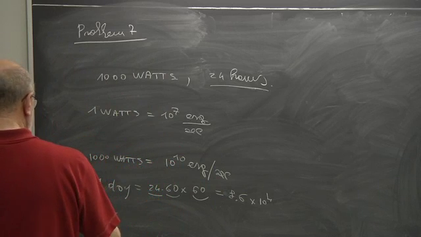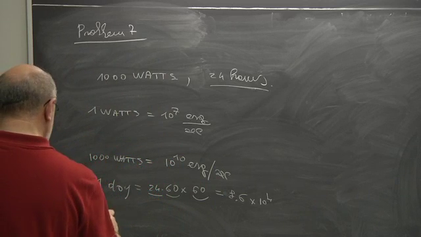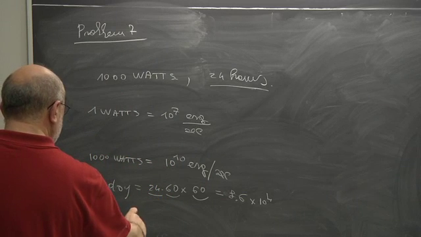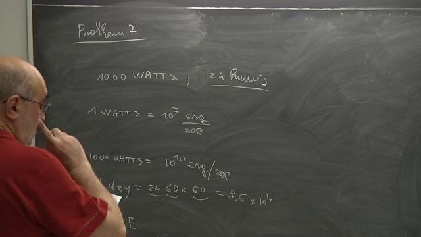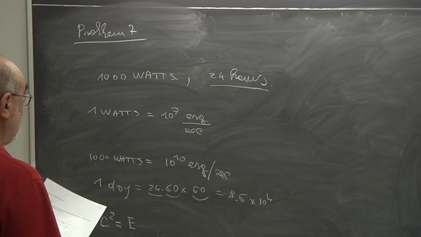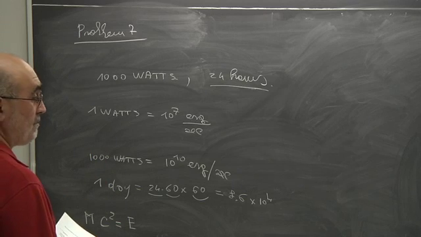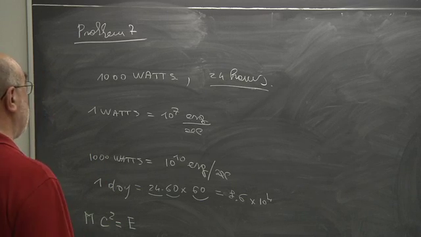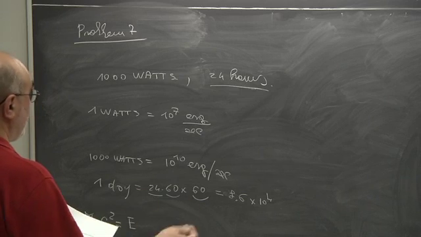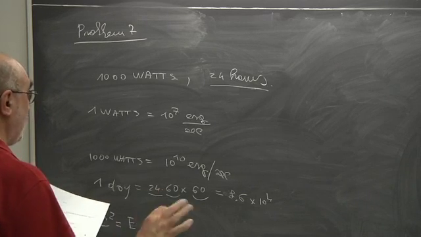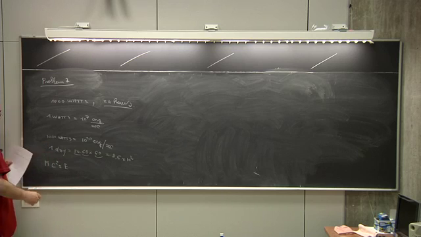Okay. Now, they want to know the mass equivalent. The mass equivalent means you use the relation E equals mc squared, as if this energy or radiation emitted were at rest. That is the mass equivalent.